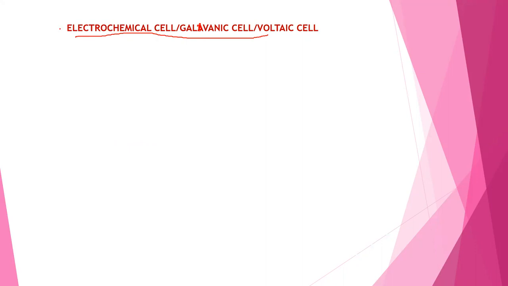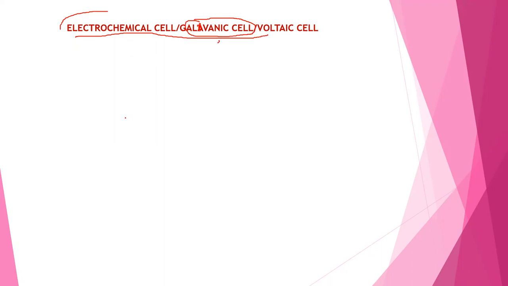So what is this galvanic cell? The galvanic cell is a setup that changes chemical energy into electrical energy and vice versa. The galvanic cell can even be a battery.